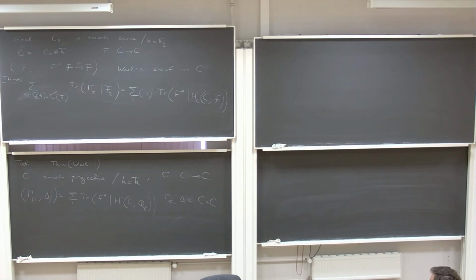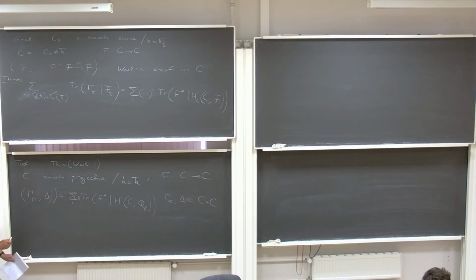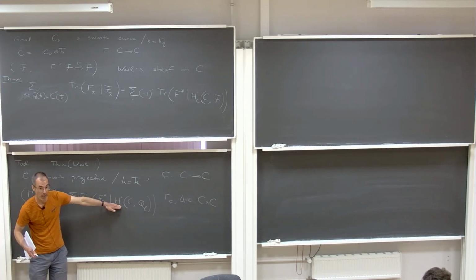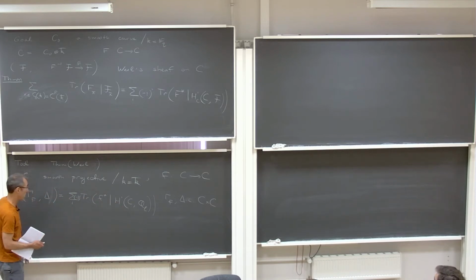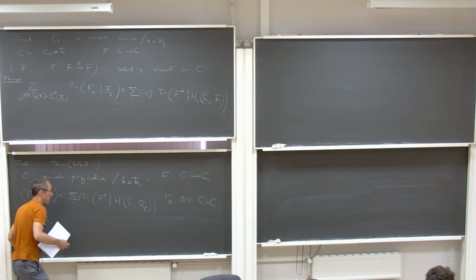So that's the theorem of Weil, and the way he formulated this alternated sum, of course, he didn't know what étale cohomology is. So he just defined H^i of C. Let me make it even more precise here.